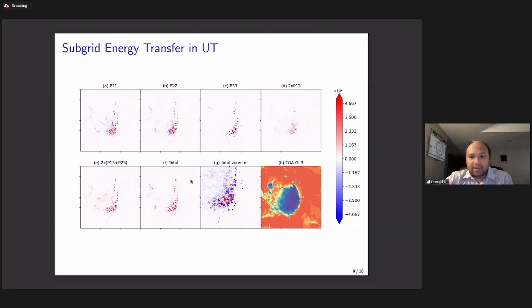Also, as we expected, stronger dissipation and backscatter often happen in the region of lower outgoing longwave radiation. It means that strong backscatter and dissipation only happen when there is deeper convection.